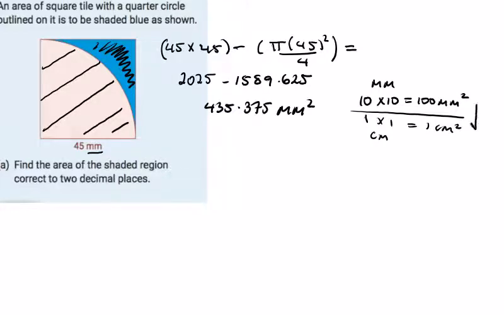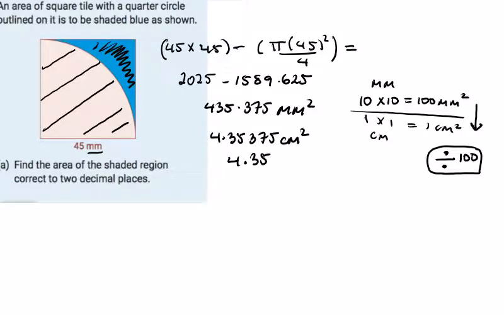So to go from millimeters back to centimeters, I have to divide by 100. So this is going to be 4.35375 centimeters squared. We could probably just round that off to 4.35 centimeters squared in the shaded part. So go on to area volume 3 and continue with this question.